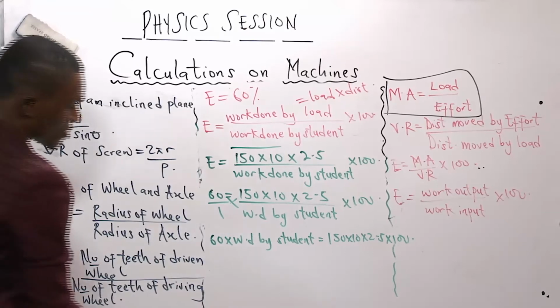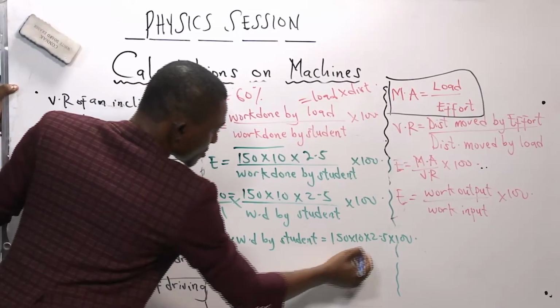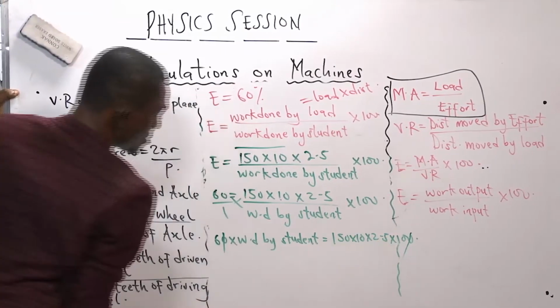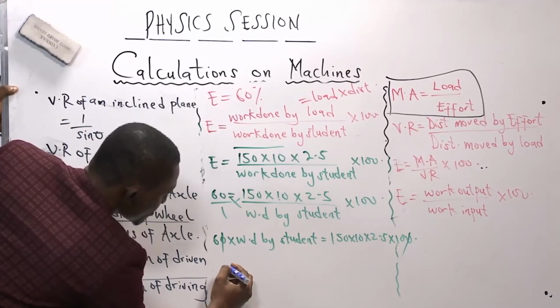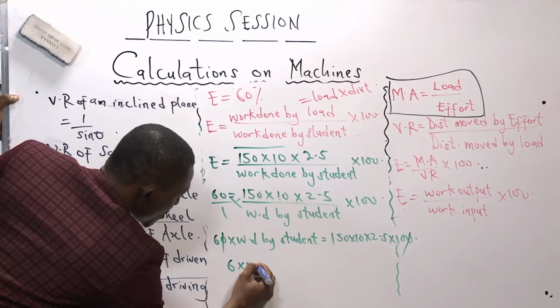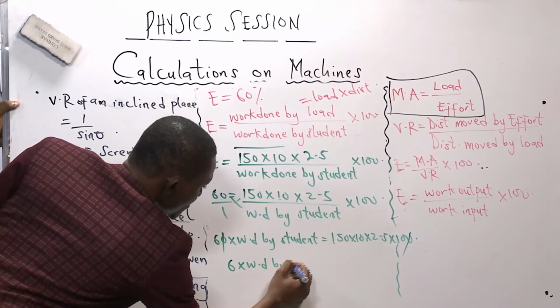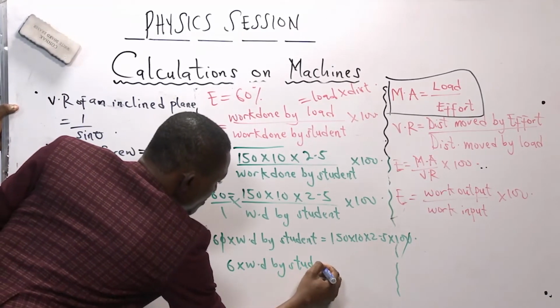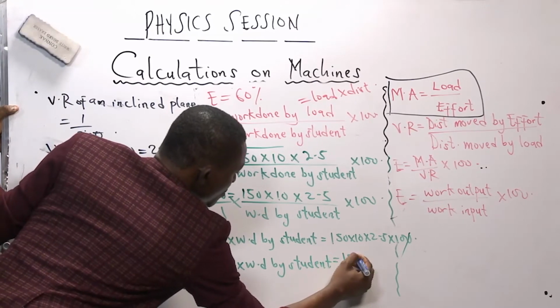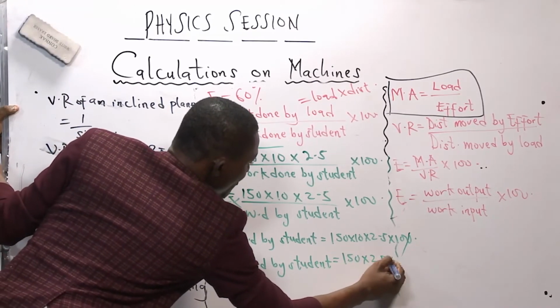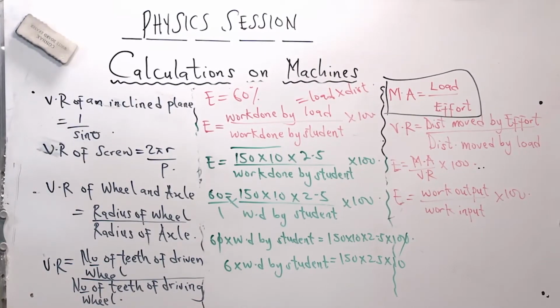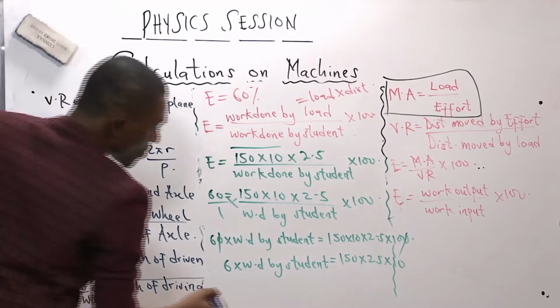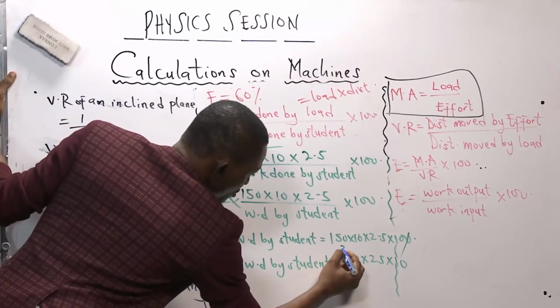From there, I can use this 0 to cancel this 0. 2.5 times 10 is going to give me 25. So I have 6 times work done by students is equal to 150 times 25 times 10. And then 6 will go into 150 how many times? 6 goes into 150, 25 times.